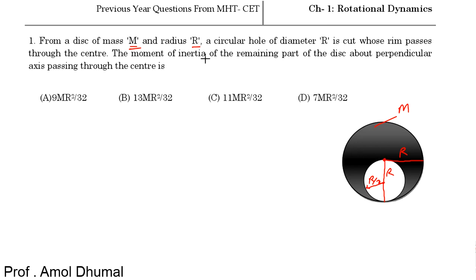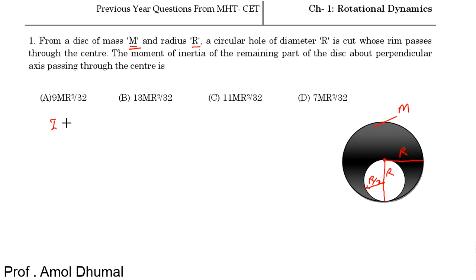Right? The moment of inertia of the remaining part, about the perpendicular axis passing through the center. So the axis passes through the center perpendicular to the plane of paper. We have to find the moment of inertia about this axis. So let us see the solution. First see, this is the entire disk.